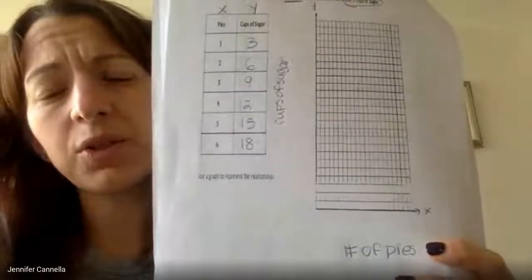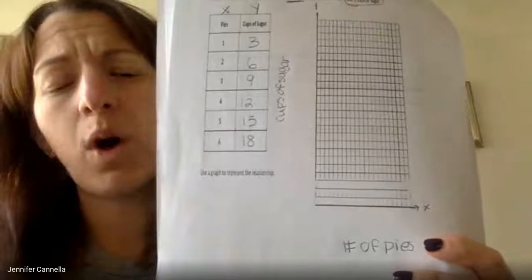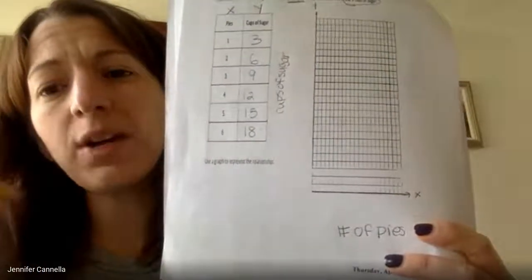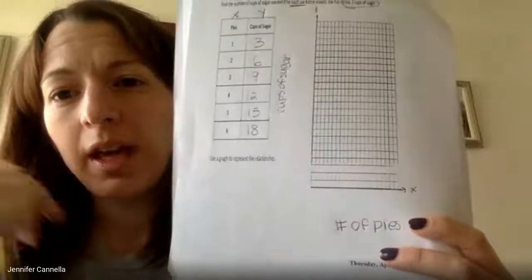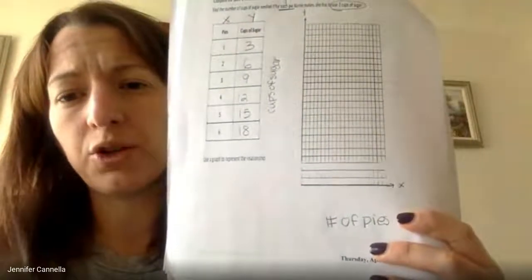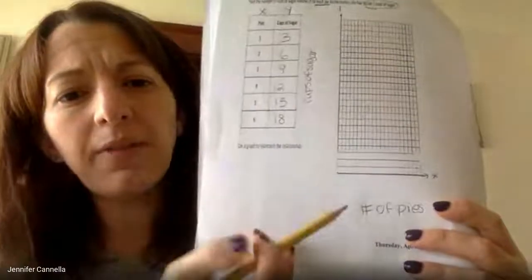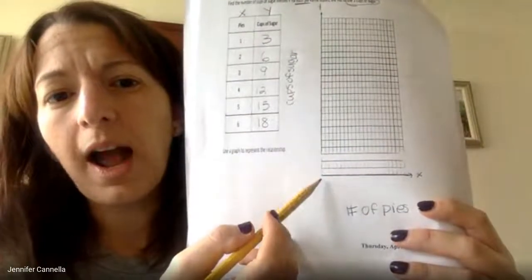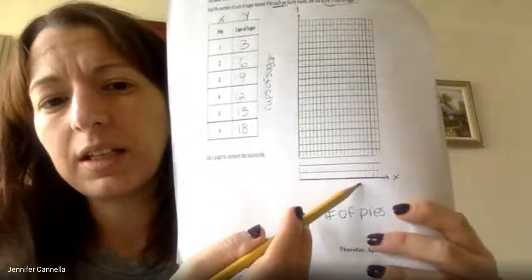Now, when I look at the x coordinates, I count by ones. 1, 2, 3, 4, 5, 6. When I graph, I have to have an interval scale. An interval scale is a numerical number scale. If I know that the starting point of a graph is 0, 0, called the origin, I want to count consistently. So I'm going to count by ones.